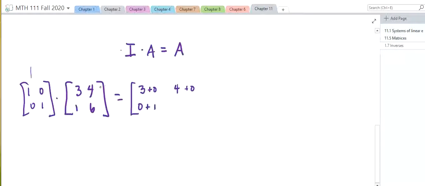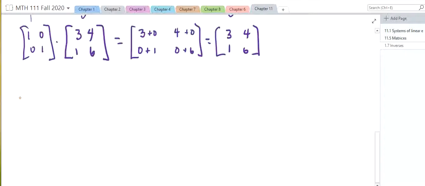And 0 times 4 is 0, and 1 times 6 is 6. So you see our result is 3, 4, 1, 6, which is the same as our original matrix. So that's what the identity matrix does.